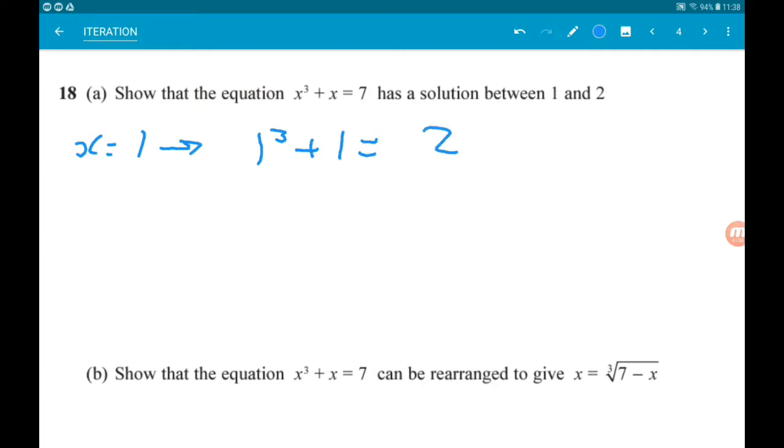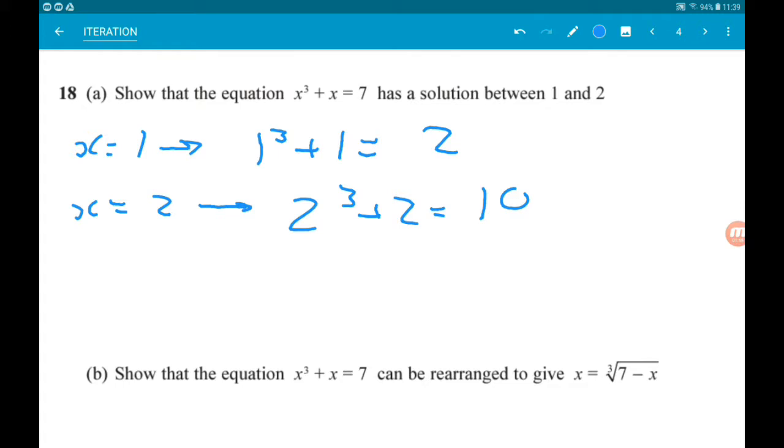When x is 2, two cubed add 2 is, well, 2 cubed is 8, add 2 is 10. So 2 is less than 7, 10 is greater than 7.